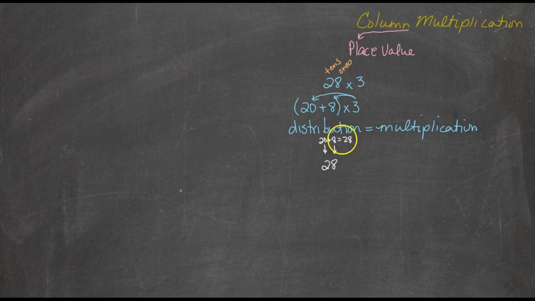Then if I want to multiply this by 3, I'm going to do exactly the same thing I did here. I'm going to multiply the 3 times the 8 first. 3 times 8 is 24. So 3 times 8 is another kind of multiplication. This is called a math fact.